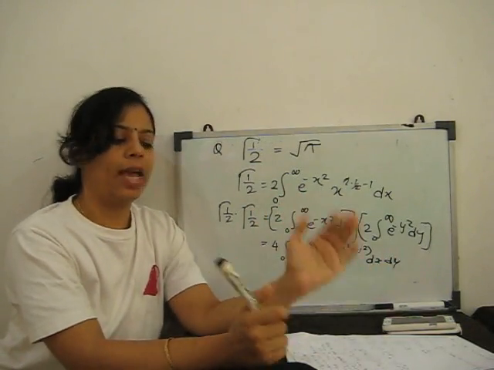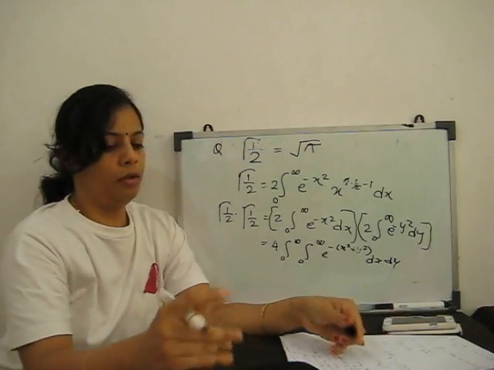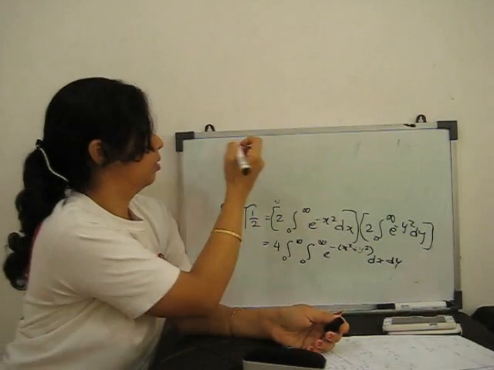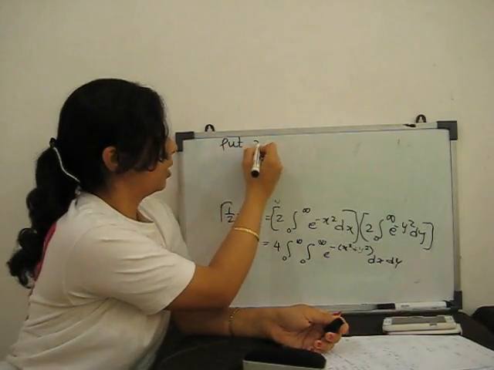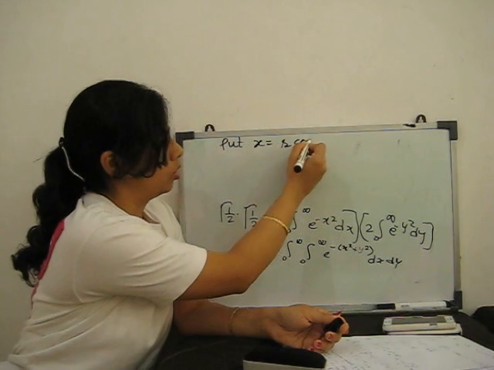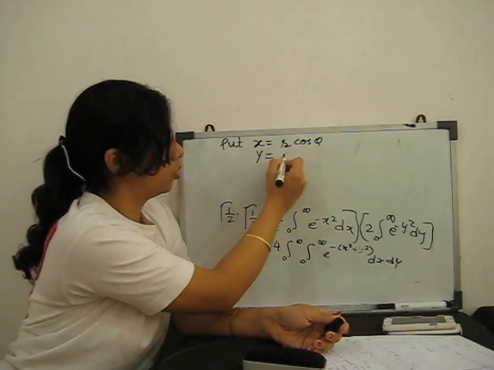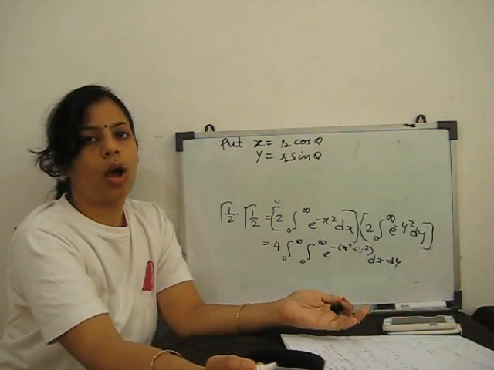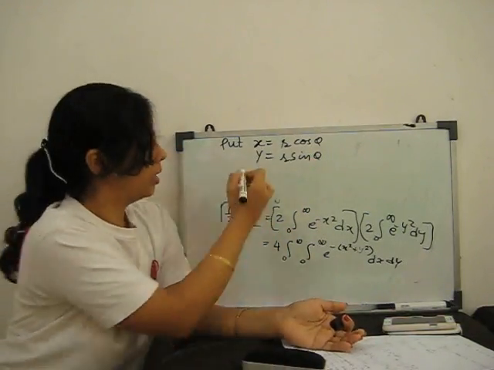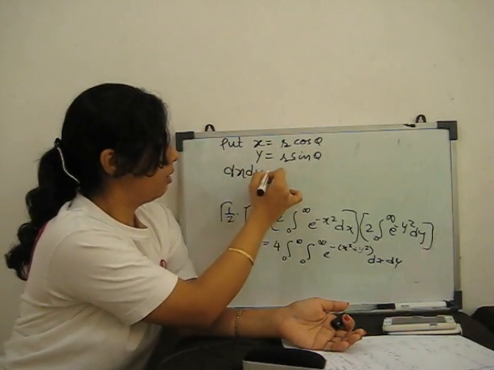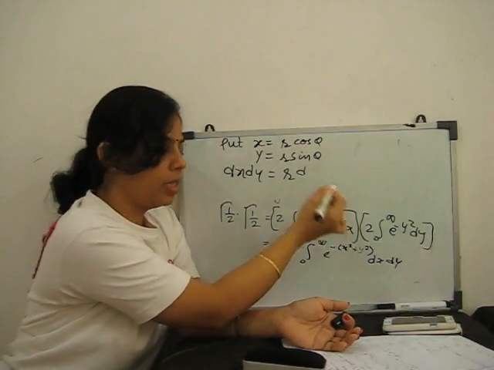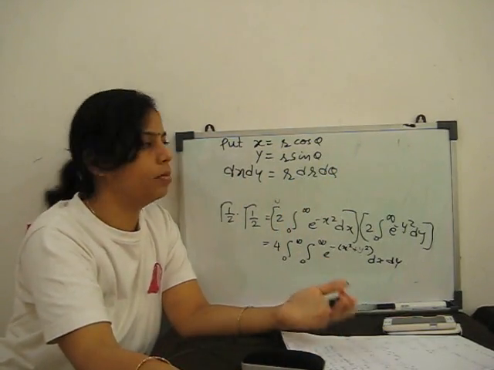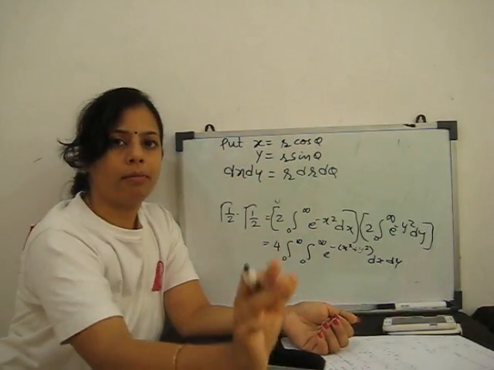So substitute x is equal to r cos theta, y is equal to r sin theta. Clear? If x is equal to r cos theta, y is equal to r sin theta, then dx dy is equal to r dr d theta. You can solve it with the help of Jacobians also, or you should remember these terms.